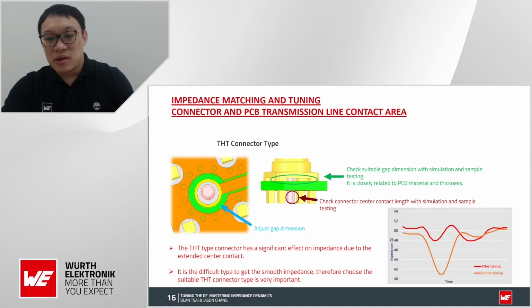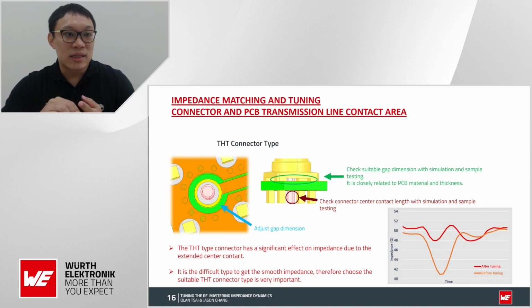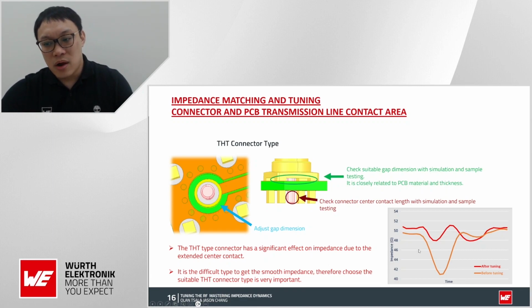Because THD connectors have an extra extended solder center contact, it is not so easy to get a smooth impedance result in general, especially when the application's working frequency is quite high. You can see from our simulation result that before tuning, of course, it's not good, not ideal. But after tuning with these 3 points, you can get a better smooth one.